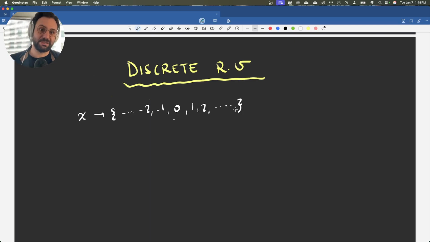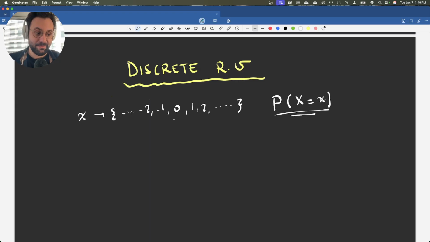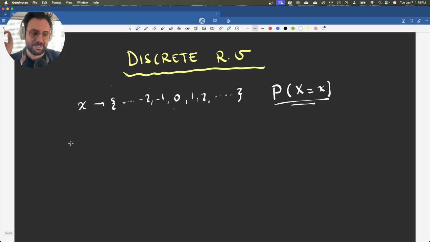They take discrete numbers, and we have a definition of the probability of X equals little x. We discussed that this is a probability distribution, and there is a name for this function. Now we can make it into a function. We can store all the probabilities for each and every one of these outcomes in a function that we will represent with a p.